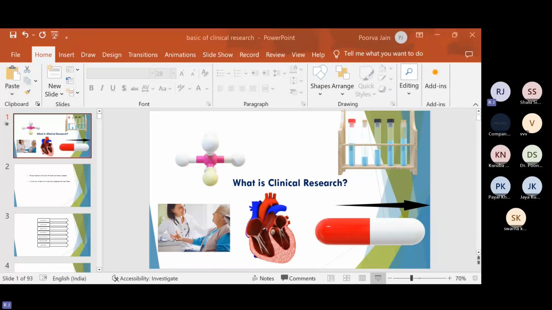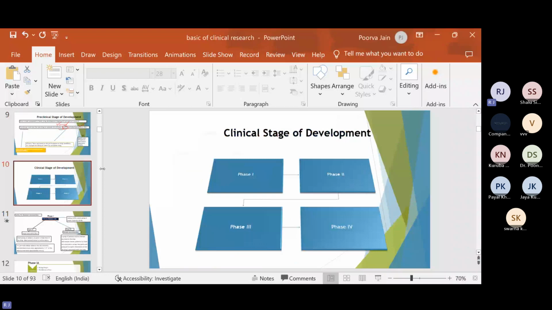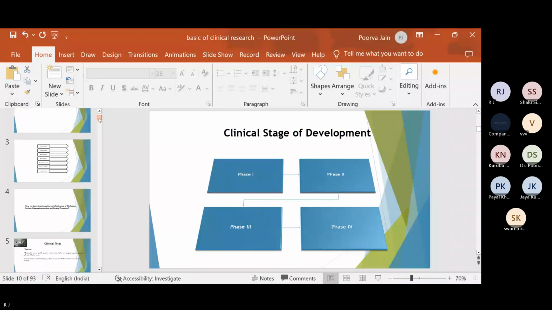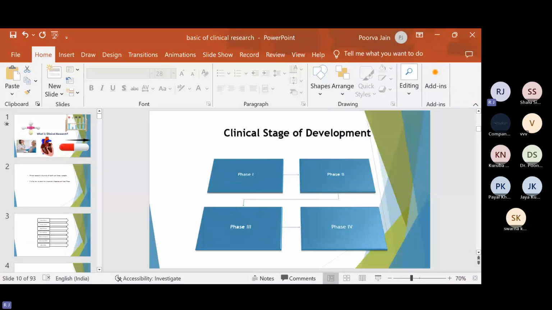Sorry, sir, for disturbing. I think your slide is stuck. The slides are not moving, only the first slide is there. Okay, I got you. Let me reshare it again.